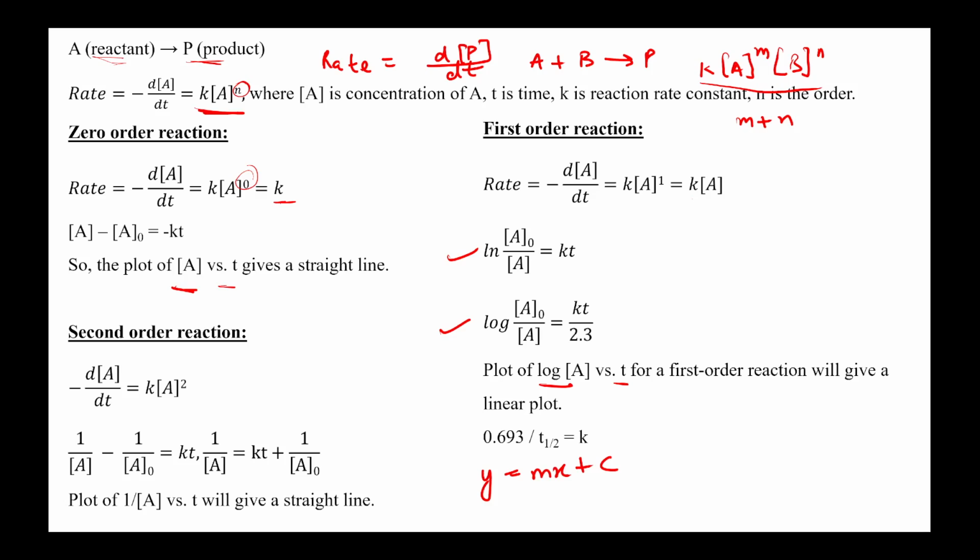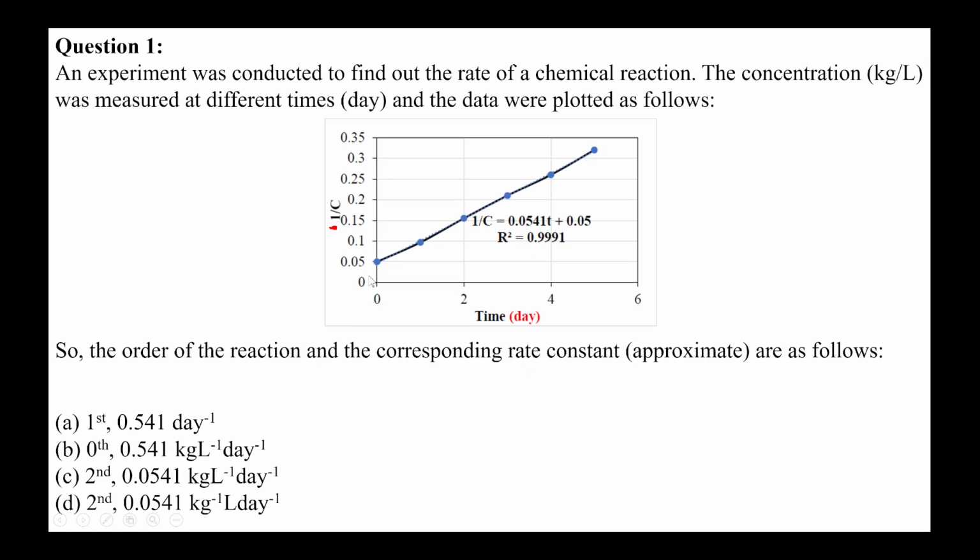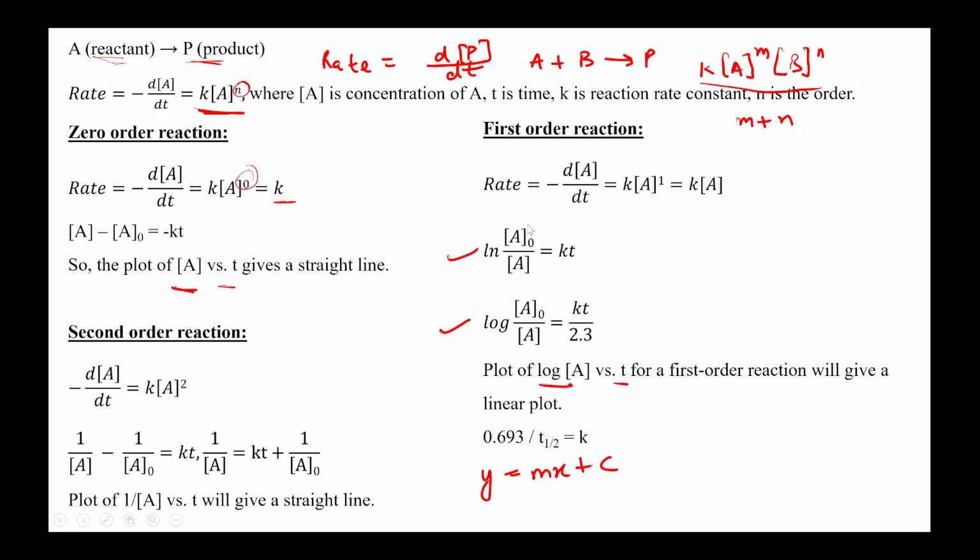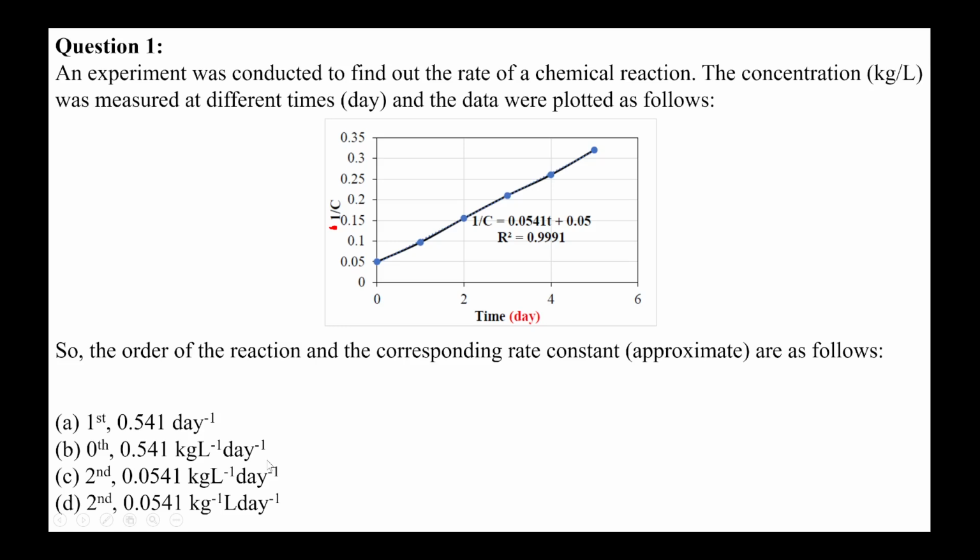In the previous slide, you can see the equation 1 by concentration of A, or let's say 1 by C is equal to KT plus 1 by C0. So this is in the form of a straight line equation where y is 1 by C. Here you can see y is 1 by C, and this is equal to K into T. K is the rate constant, T is the x axis.